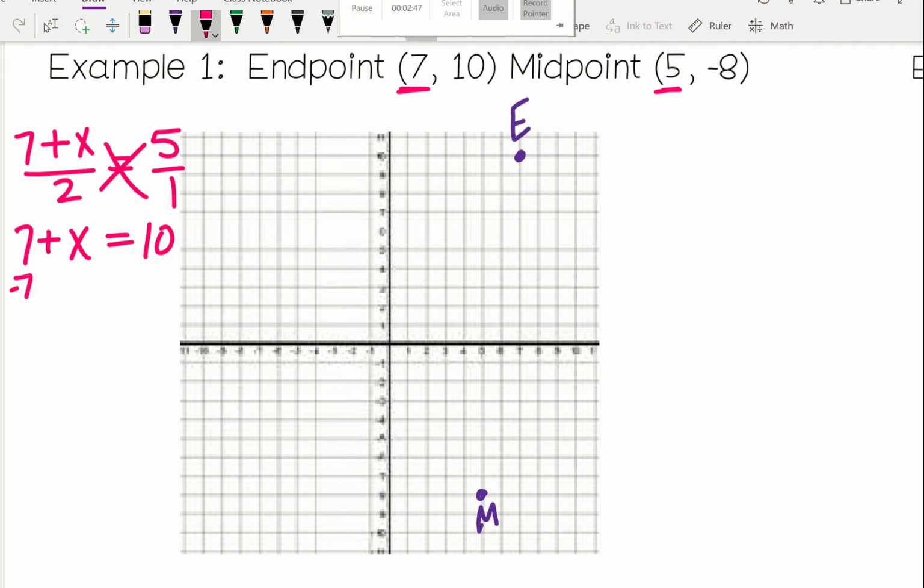Subtract the 7, and my x is 3. Because remember, whenever I cross multiply here, times 1 doesn't change anything. 2 times 5 is 10. And then you can do the same thing with the y. I'm not going to work all the way through the y because I'm going to show you how you can do it by counting the slope and using that.